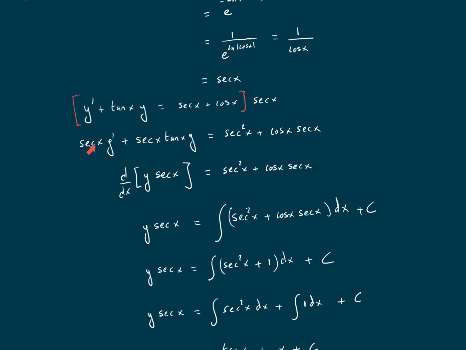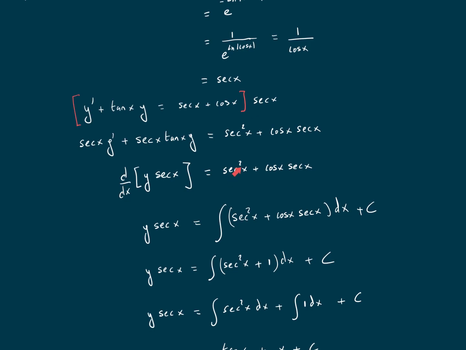And now the magic is that the left side of the equation can be compressed as the derivative with respect to x of y multiplied by the integrating factor, secant x. The derivative of this function is the whole left side of the equation.